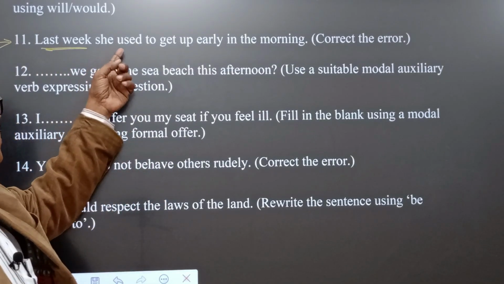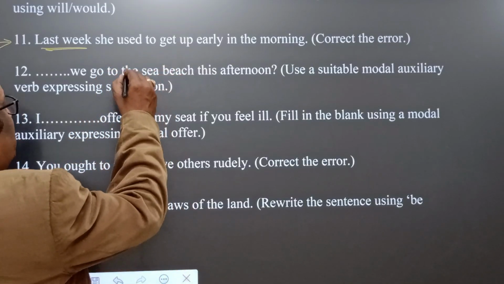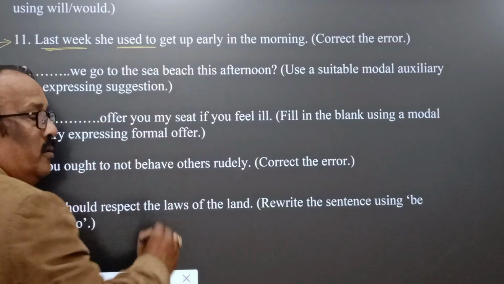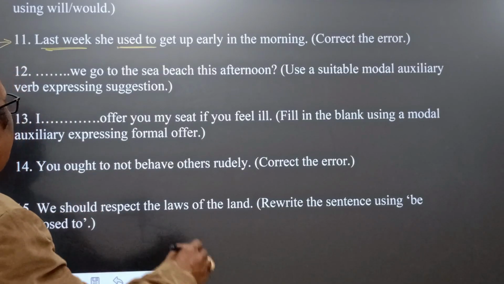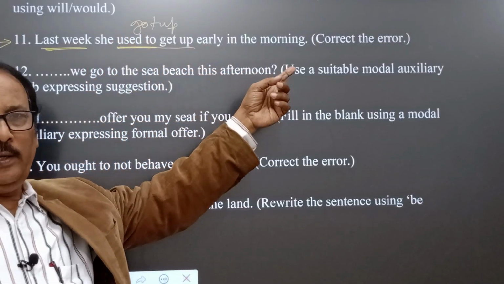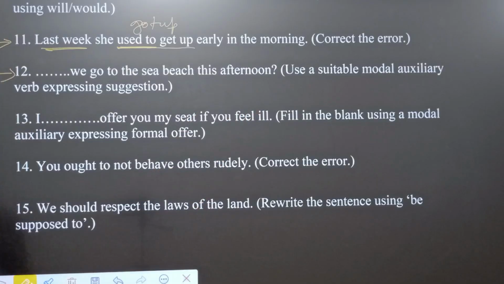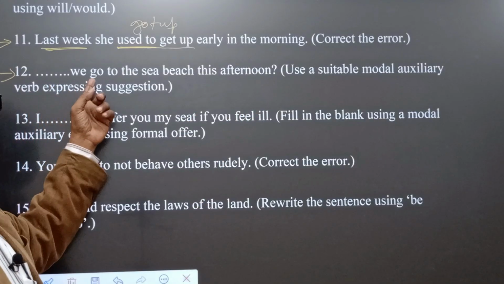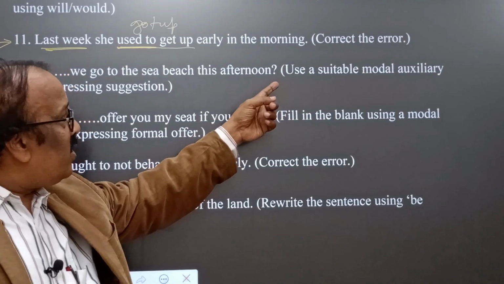It is wrong to use used to, and therefore in this case we have to use the simple past verb form, and the correct answer is last week she got up early in the morning, not used to get up early in the morning.